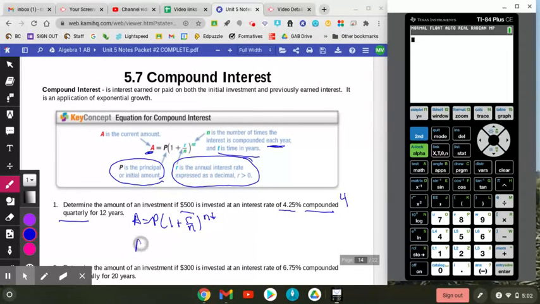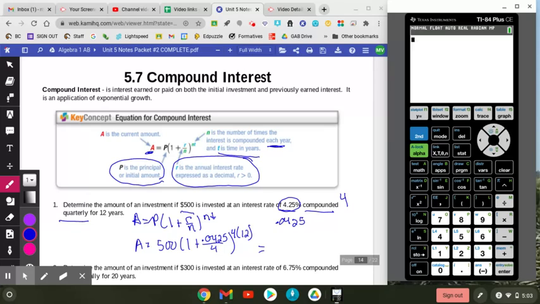So our P in this case is our 500. 1 plus, then we make 4.25% a decimal, so that's 0.0425. And then that's over 4, because quarterly means 4 times a year, to the 4 times 12 years.